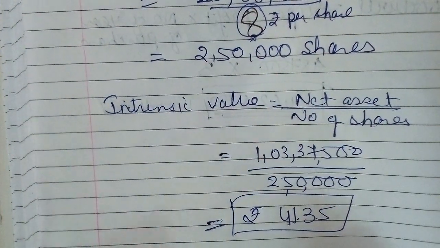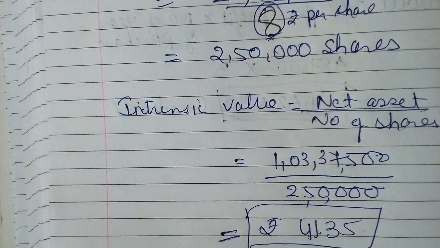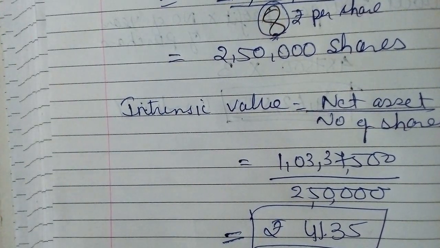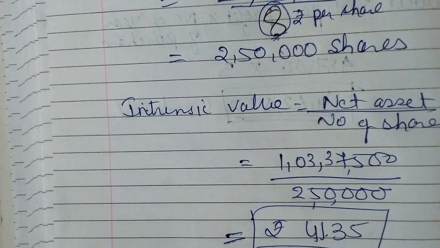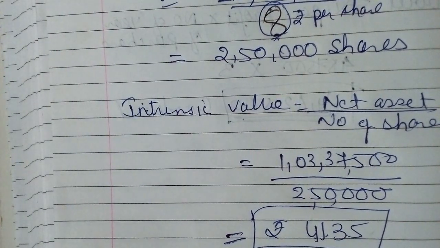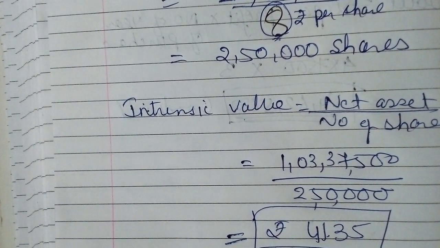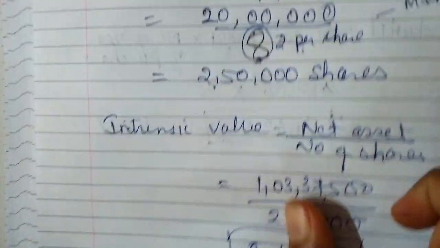This is the intrinsic value of equity share as far as this example is concerned, right? So let us have a look at it once again. 1,03,37,500 divided by 2,50,000. So rupees 41.35, right?